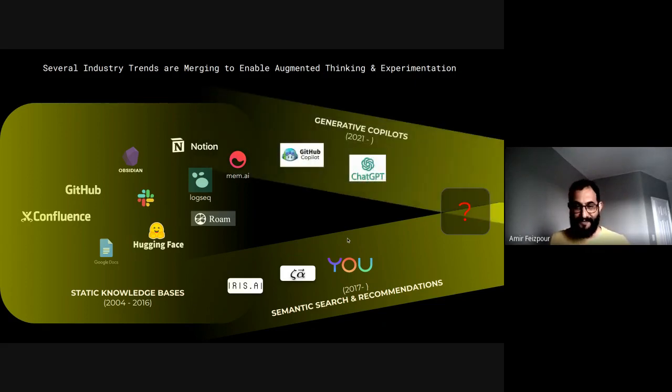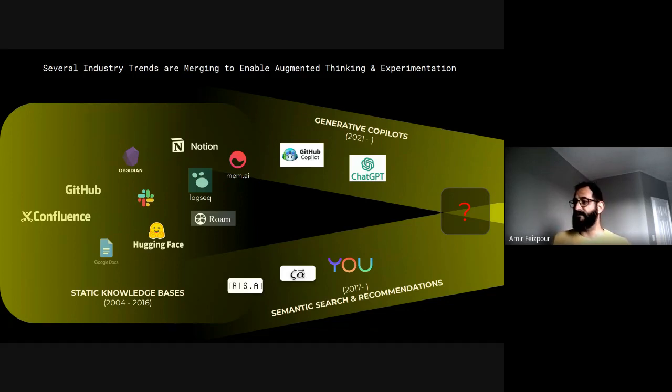But all of a sudden, in the past 2 years, you're starting to see generative copilots. GitHub Copilot was the first one. I'm sure all of you have played with ChatGPT. That's why you're here. But this trend of combining generative copilots and retrieval systems is already happening. And the next step is really combining these with reasoning and other types of systems that we use in the process of thinking.